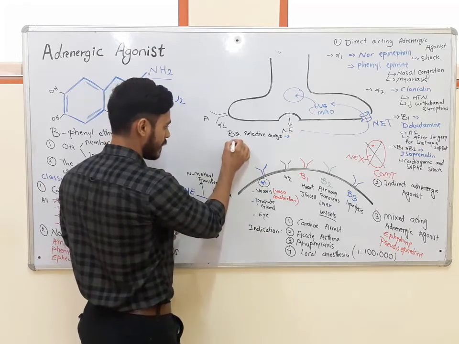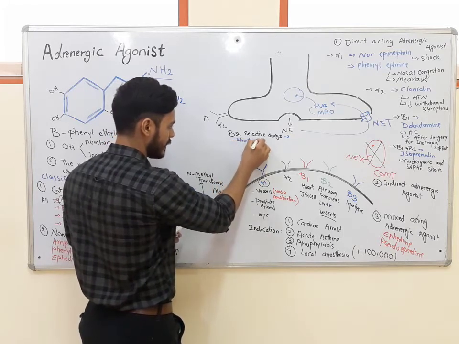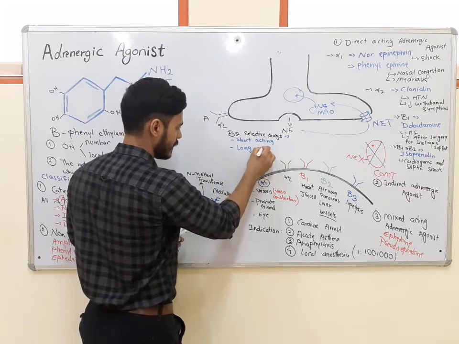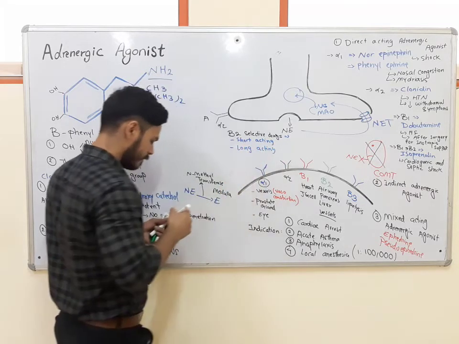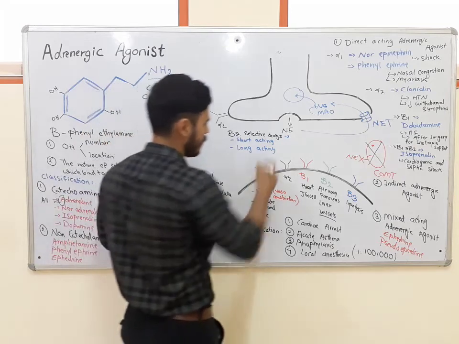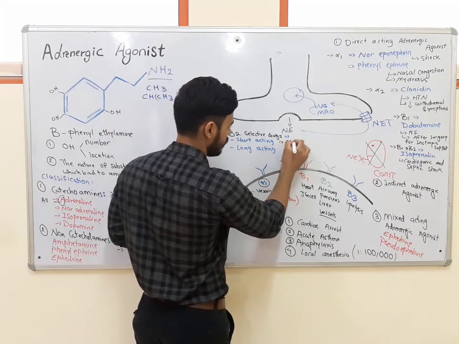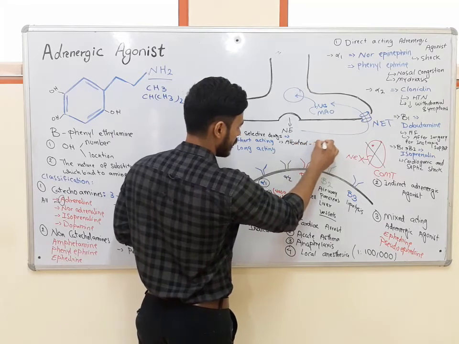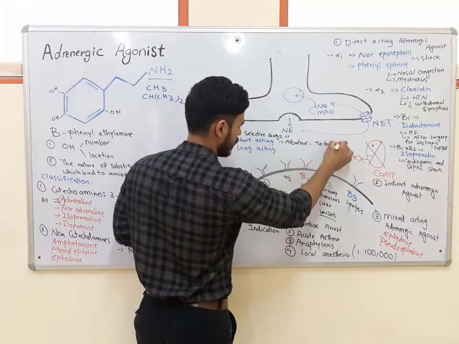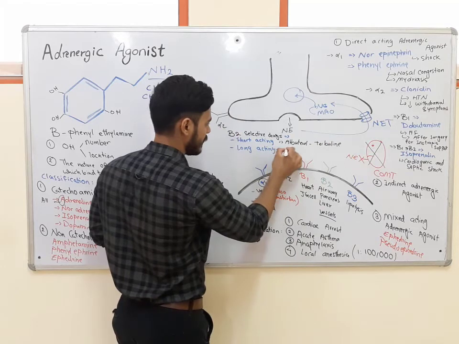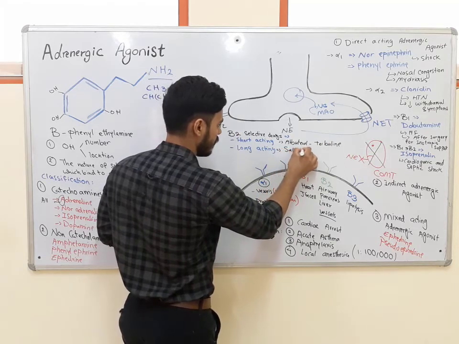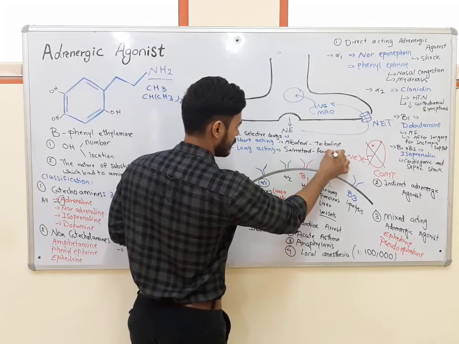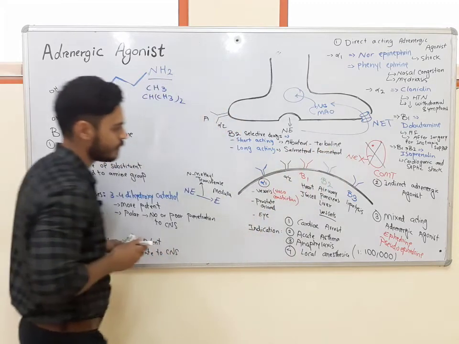You can classify these drugs into short-acting as well as long-acting. Short-acting, for example, albuterol as well as terbutaline. We have long-acting, for example, salmeterol and formoterol. These are the long-acting beta-2 agonists.